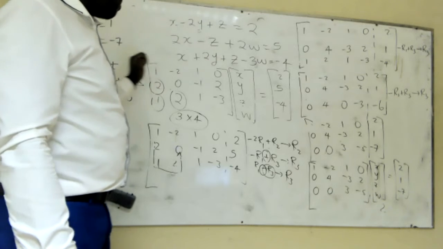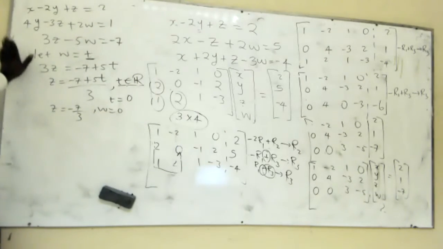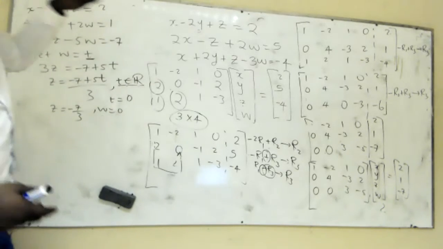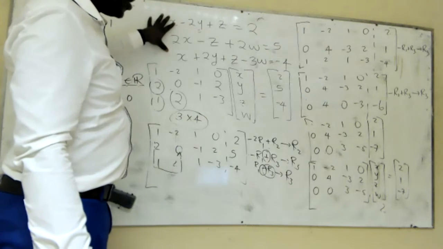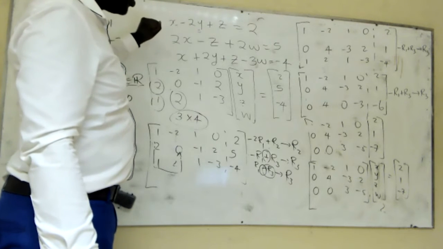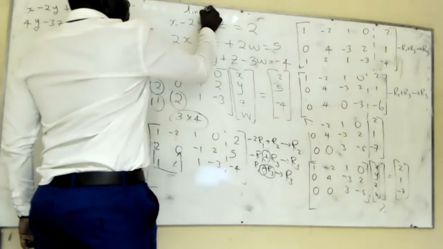Okay. Yeah, but at tertiary level, we have a way of dealing with that. We can deal with a situation wherein the number of equations are not equal to the number of variables. So we call those equations linearly dependent.